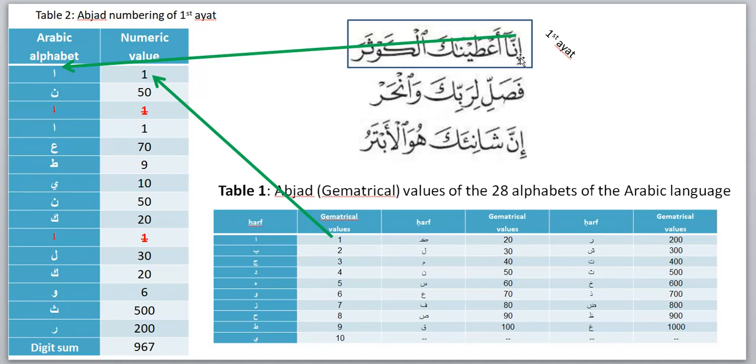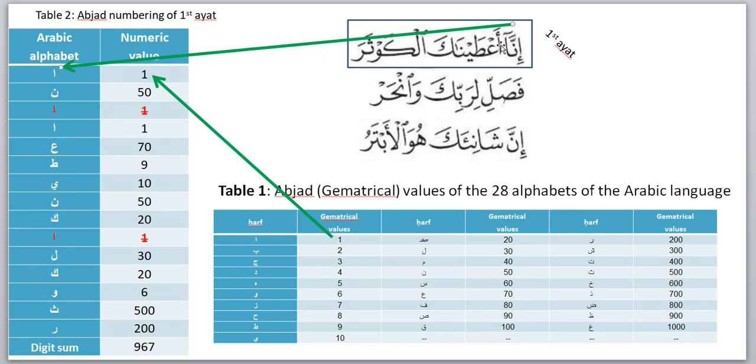Alif is recited, Noon is recited, but the third harf, this alif, is not recited.